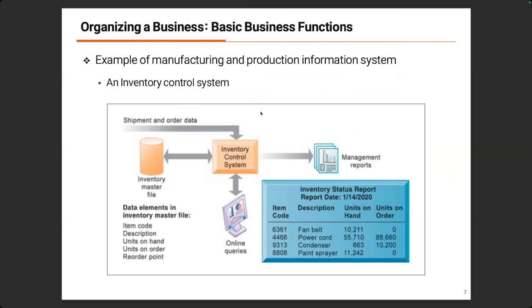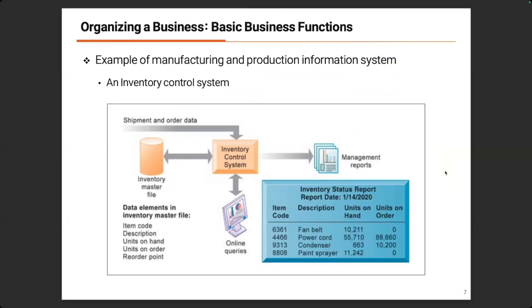And also, these inventory control systems can produce reports about the number of each item available in inventory, or the number of items that must be replaced. So this is an example of such a report about inventory status.